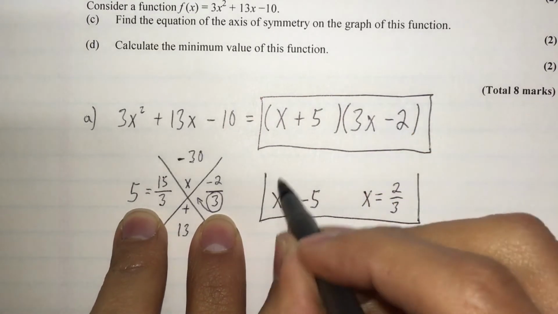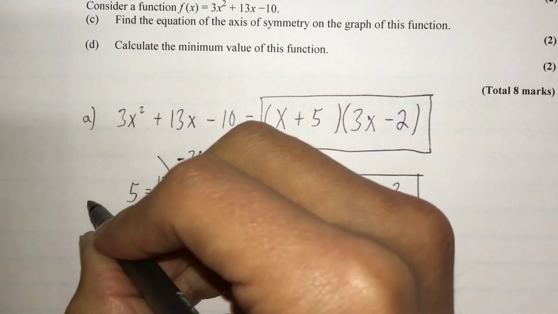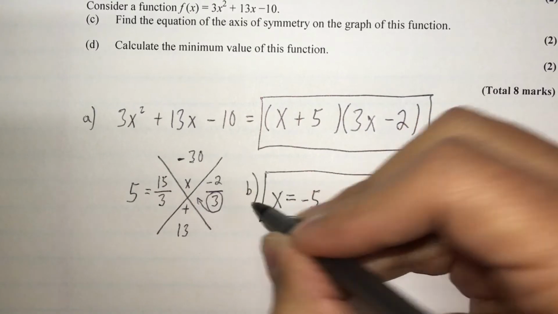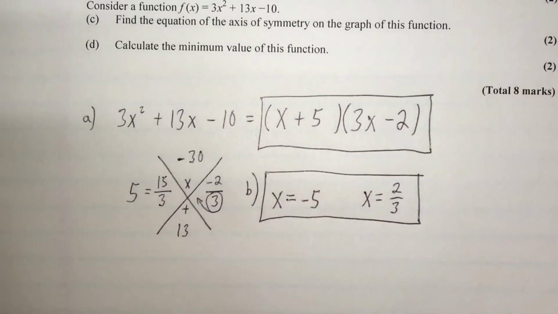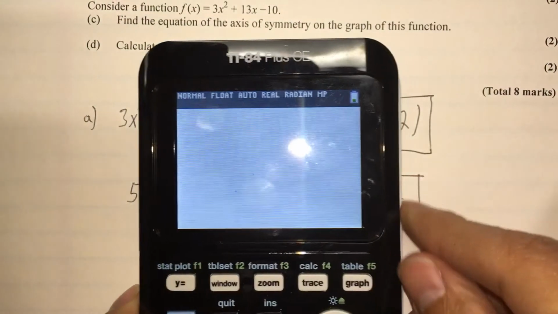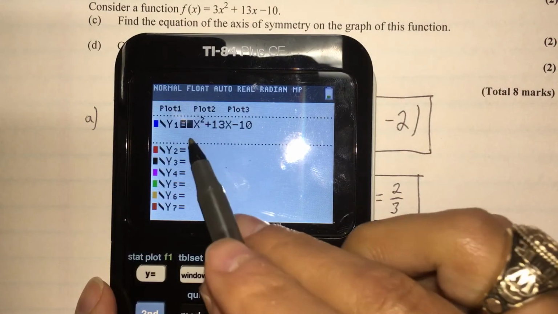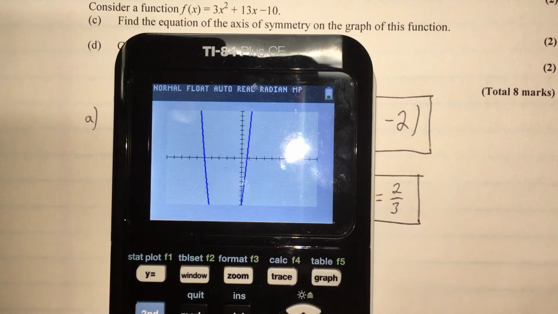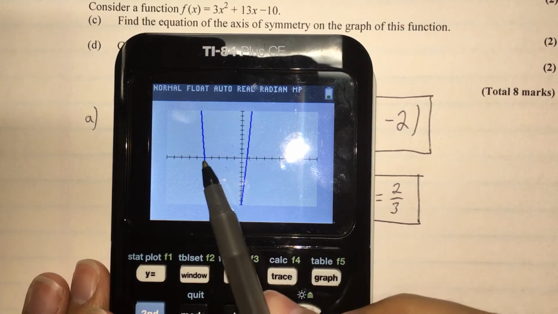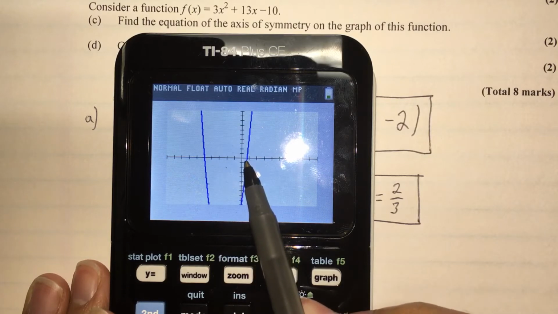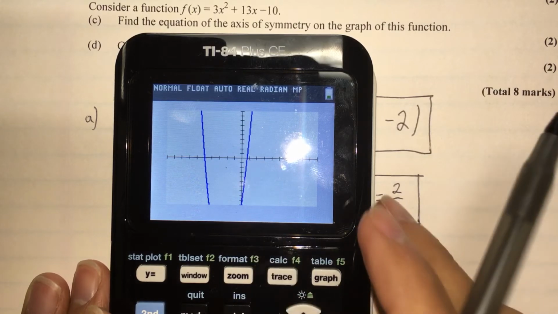And this is the answer to part B. I just want to share what this looks like on a graph with the calculator. So if we enter our equation into the y equals, we can graph it, and we have found our 0 to be at -5 and another 0 to be at +2/3.